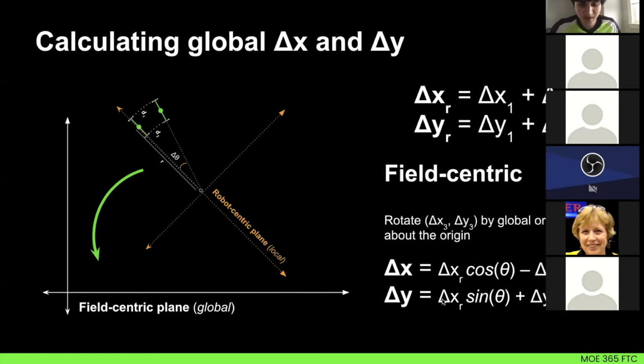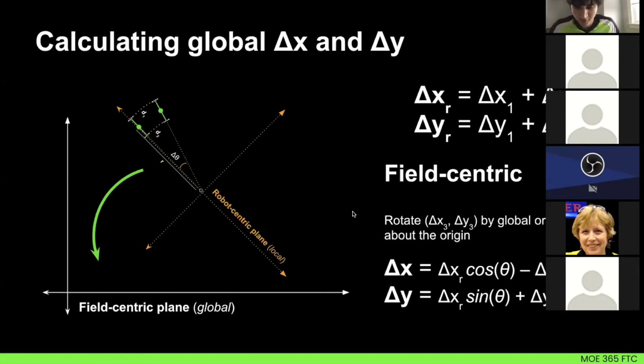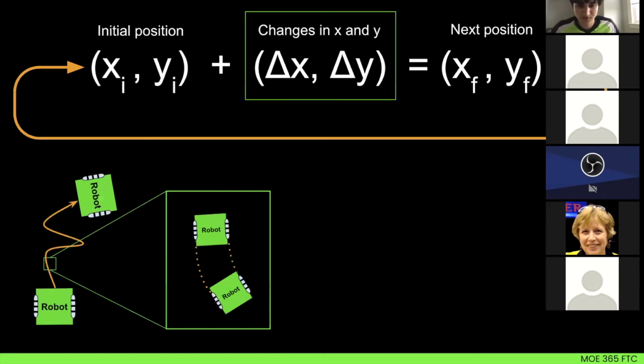And we get our final delta X and delta Y values. So all we do is plug in these values and we get it. And that's it. Combining all these different formulas together, you have a system that enables you to figure out your X and Y location on the field just using the values from these 3 odometry wheels.